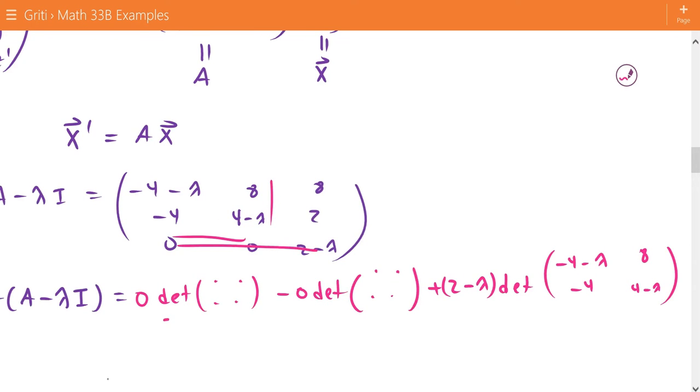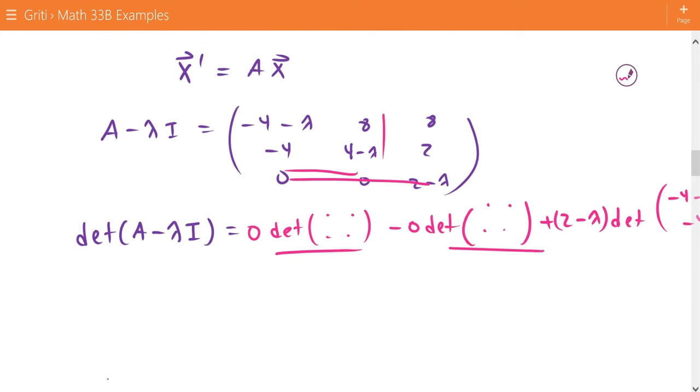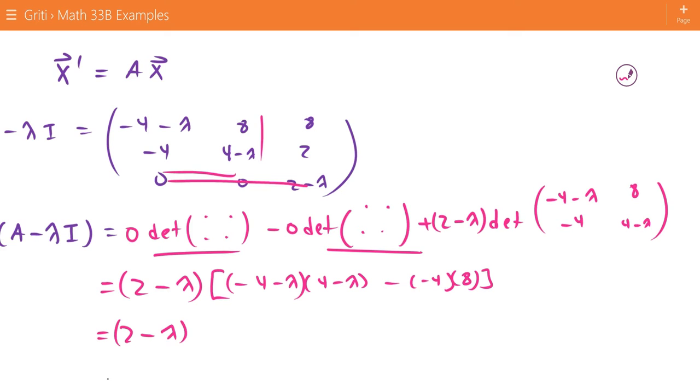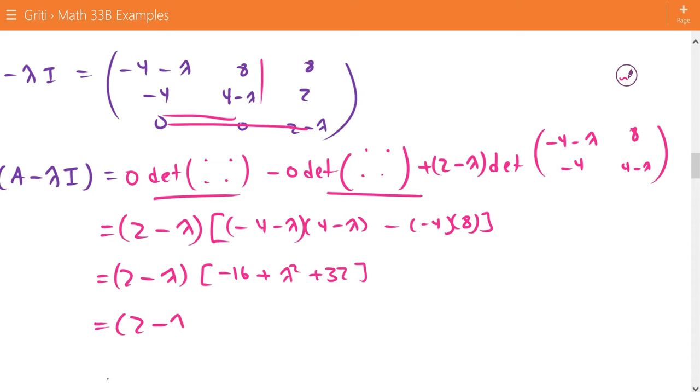And since these are just 0, this will just be 2 minus lambda times negative 4 minus lambda, 4 minus lambda, minus negative 4 times 8. So this will simplify to negative 16 plus lambda squared plus 32, or 2 minus lambda times lambda squared plus 16.